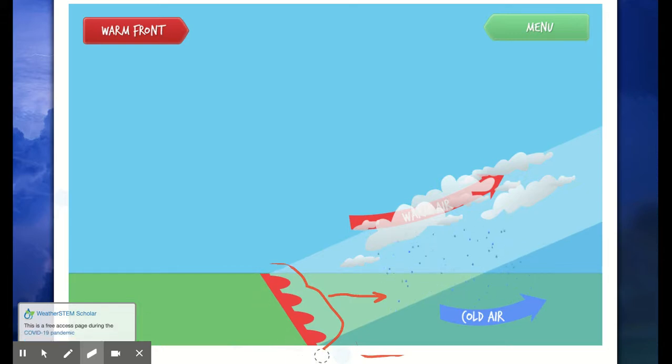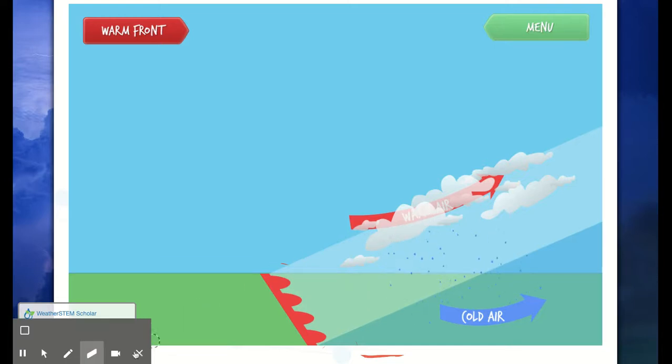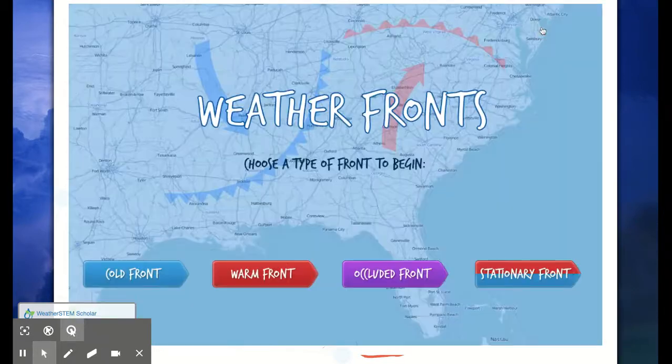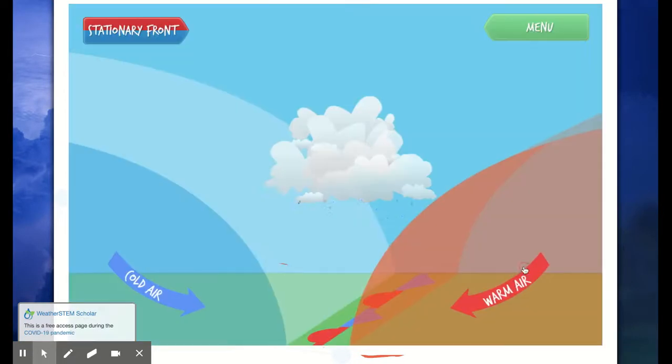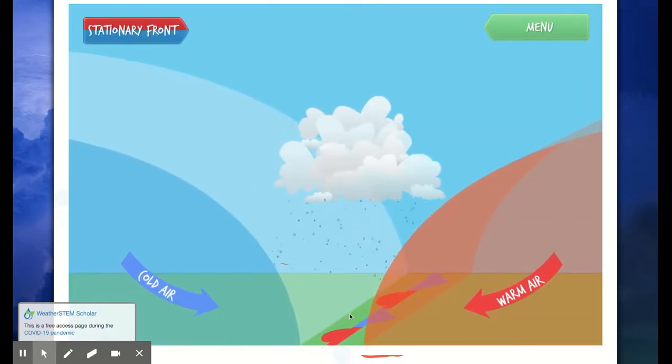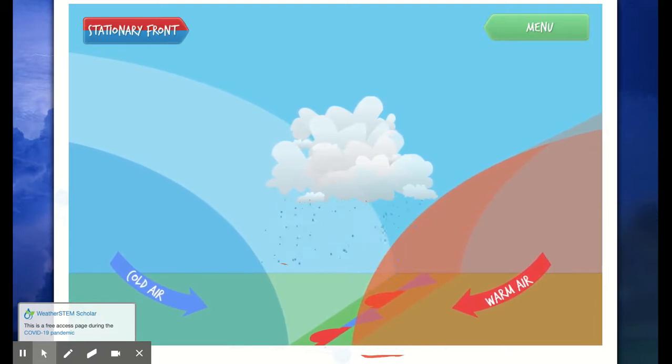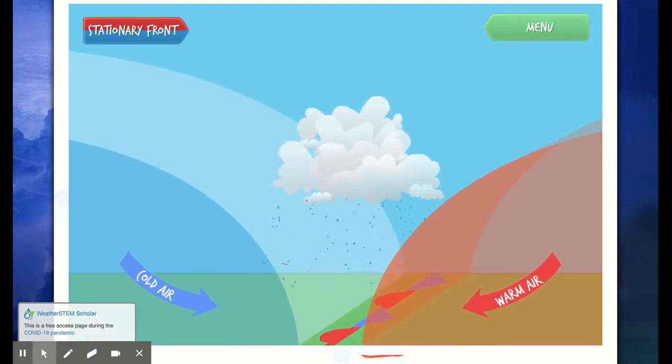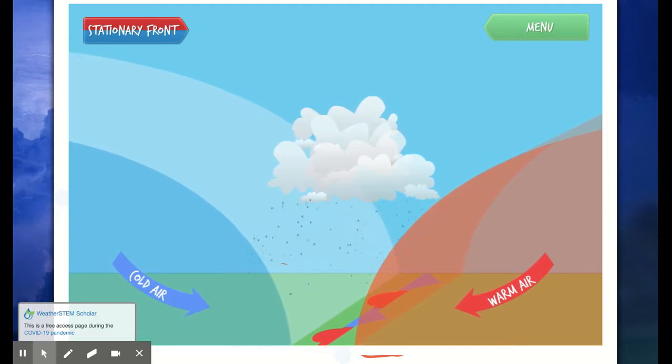So next we're going to move to a stationary front. Now the word stationary kind of means sitting still. So if we check out stationary, okay, in this situation we have warm and cold air coming at each other, but they kind of reach a standstill.